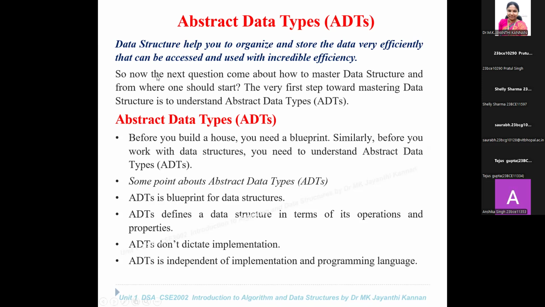So now the next question comes about how to master data structures, and from where one should easily understand the data structures concept. The very first step towards mastering data structure is to understand the abstract data type.